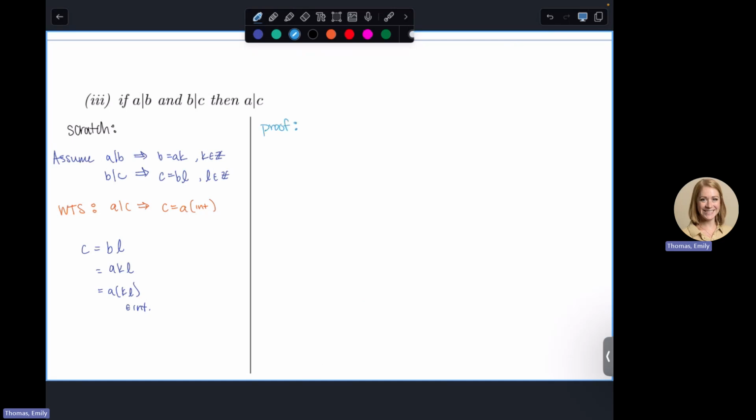And going back to the very beginning, in that theorem, it said to let A, B, and C be integers with A not equal to 0.